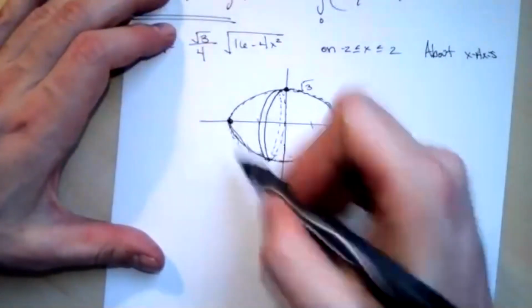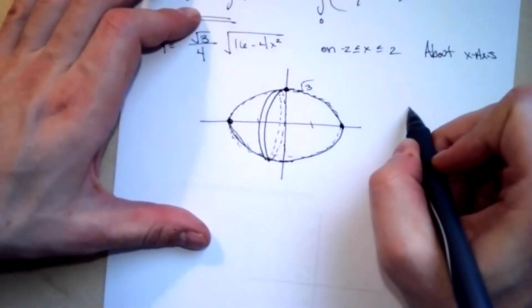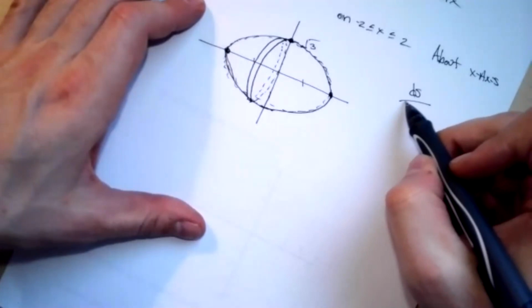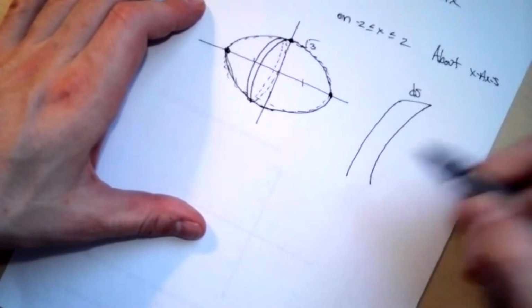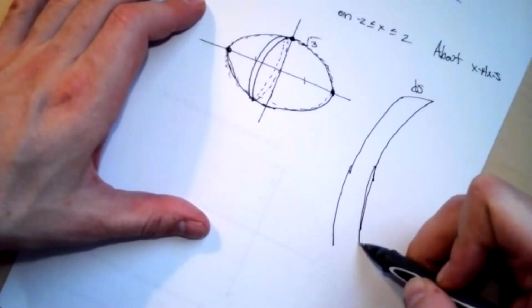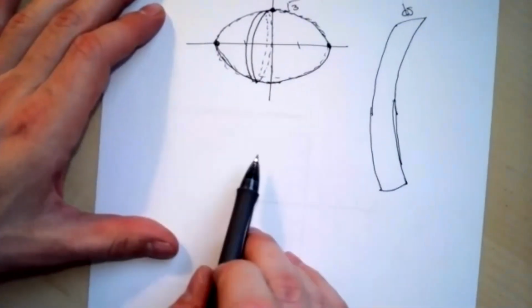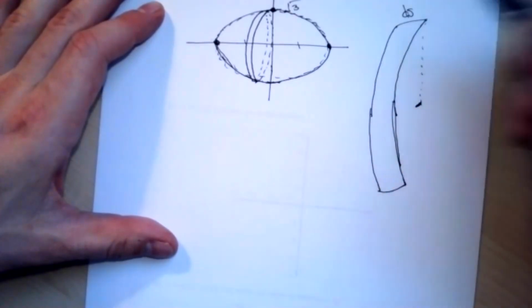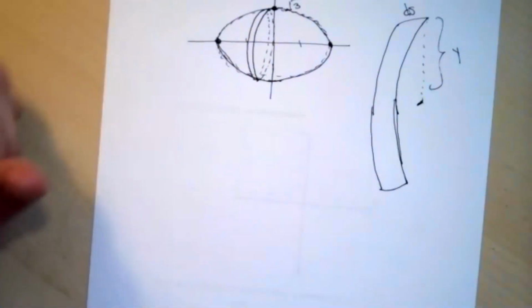So what do we want to do? We want to add up the area of each strip. And remember, each of these strips had some arc length. For the big picture, if I'm pulling off this strip, the center of rotation here, this distance is y.